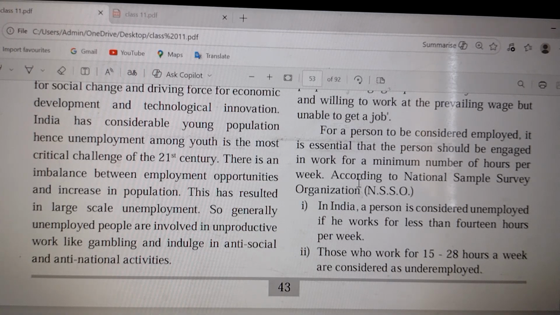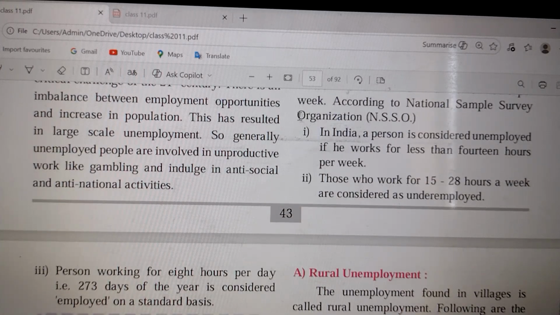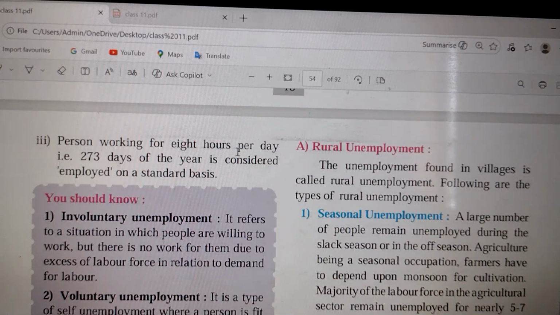So according to the National Sample Survey Organization or NSSO, a person working less than 14 hours per week is considered unemployed, a person working between 15 to 28 hours is considered underemployed, and a person working 8 hours daily for 273 days in a year is considered as employed. यहाँ पे देख सकते हो उन्होंने तीनों पॉइंट्स यहाँ पे दिए हैं.